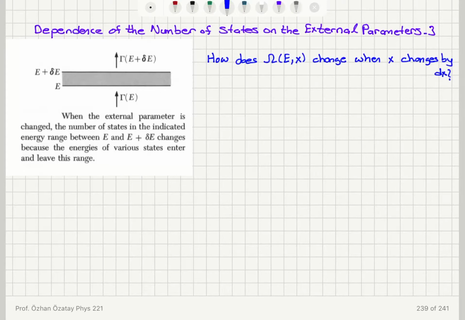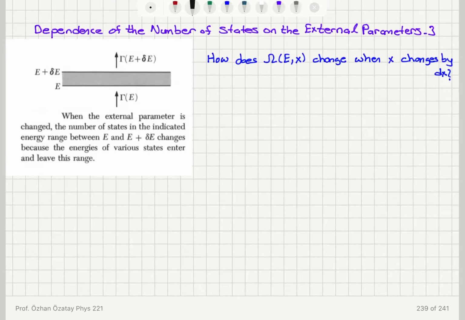Now, when we change this external parameter x, there is a certain number of states whose energy is increasing to enter the range E to E plus delta E, and the number of states whose energy levels are shifting beyond this range, they will go above E plus delta E. So we have to know the net number of states that are being created in this range.